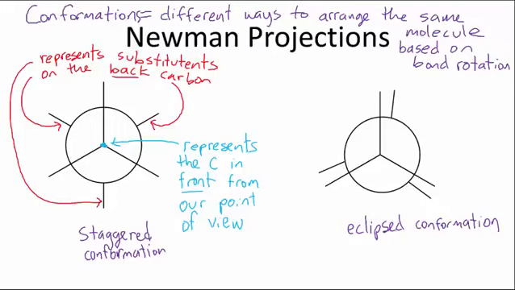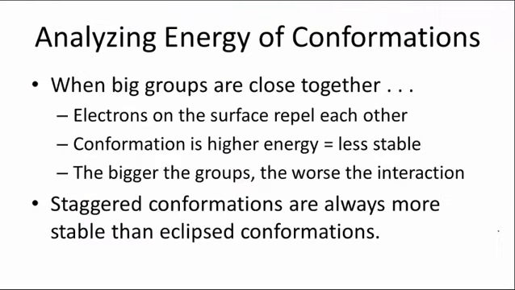It turns out the nuclei, since they're kind of buried in the center of the atom, they're not really what's driving it, but it's the electrons on the surface. So when we want to think about different conformations and where a molecule is going to spend most of its time, the idea is big groups being close together, the electrons on the surface of those groups repel each other. And when the electrons on the surface repel each other, that means they'd rather be farther apart.